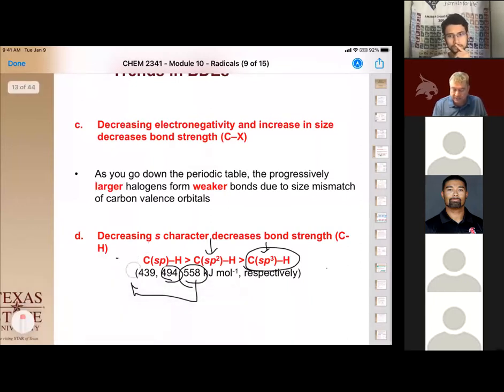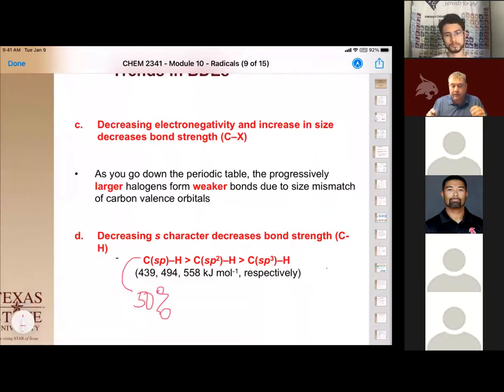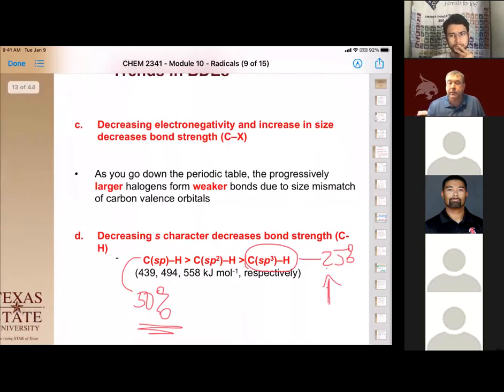What it should say is that the more S character decreases bond strength. This is 50% S character, and it is the weakest bond, and it's also the most acidic. This is 25% S character, and it is the strongest bond, and it is the least acidic. So I think the words are backwards on that one, sorry.